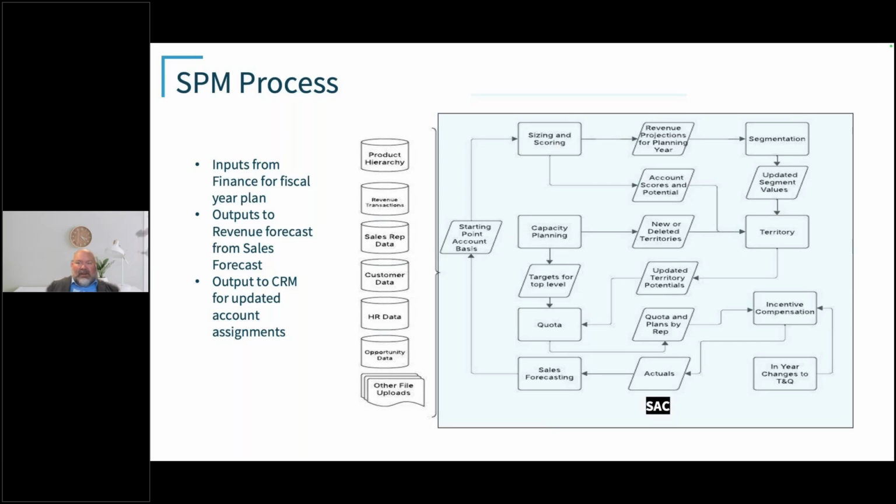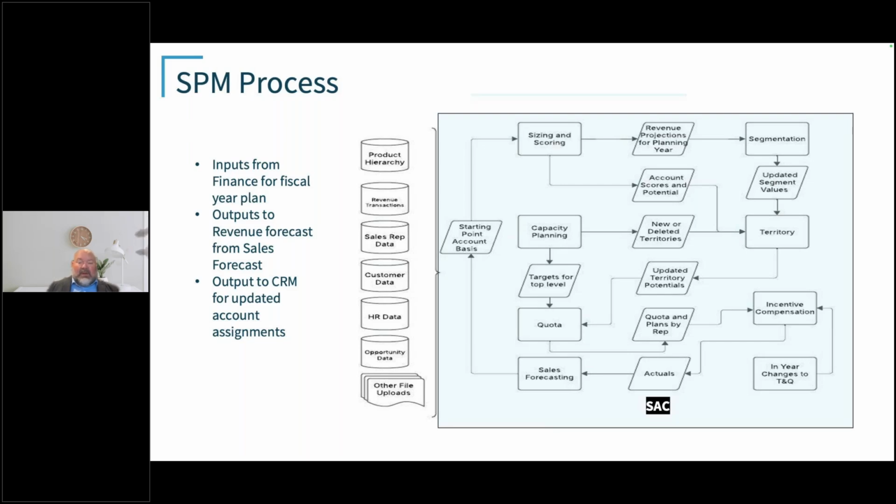For example, just today, Intel made an announcement that they're laying off a tremendous number of people, and likely some of those are sales reps, so they're going to have to delete the territories, and that releases the accounts assigned to those territories back to general availability.